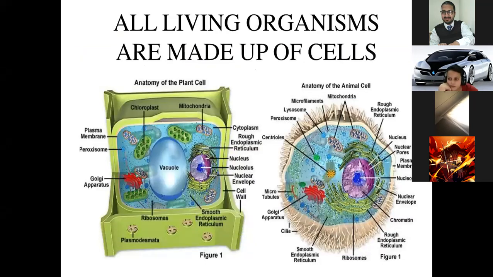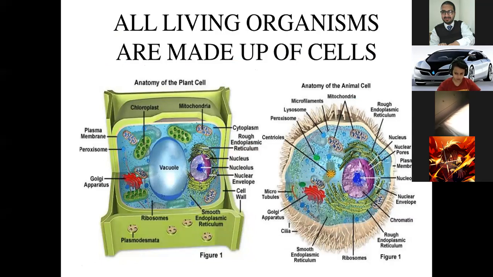After that, you can see here the organelles, the parts that are present inside the cell. You can easily see them inside a plant cell and also inside an animal cell. These are the different organelles that are present. You can see a chloroplast here, but you don't find a chloroplast in an animal cell.